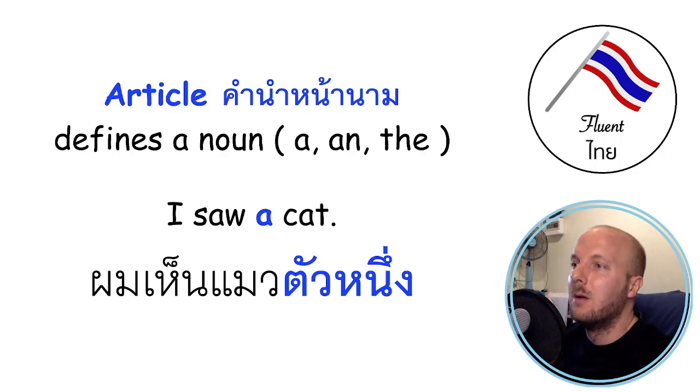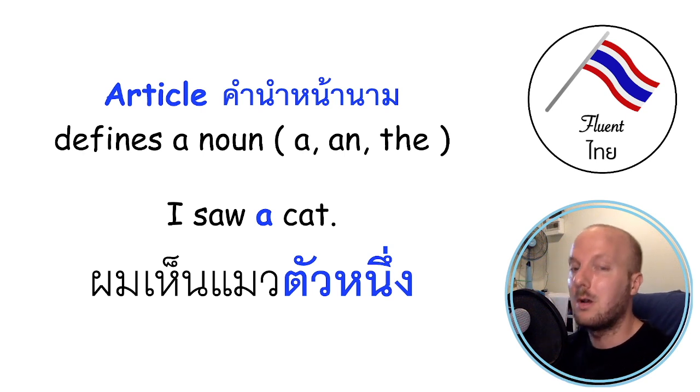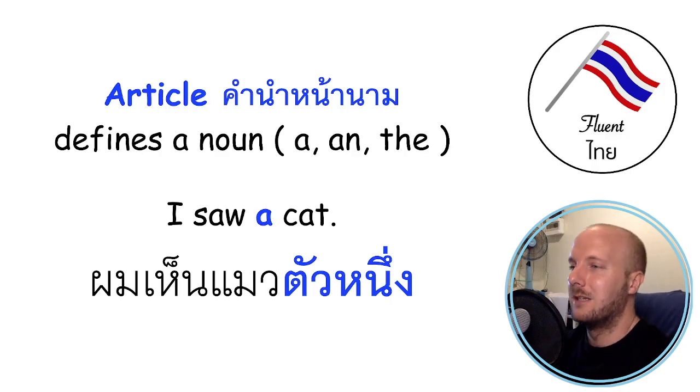You could just say ผมเห็นแมว. So in that situation, if you and your listener know the context, ผมเห็นแมว, like ดูแมวดิ, look at that cat, there's a cat there, like มีแมวอยู่. Very rarely would we need to specify ตัวหนึ่ง unless you really want to emphasize the amount, right? How many cats are there.